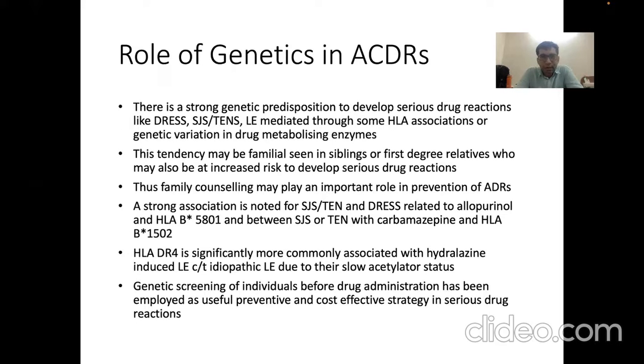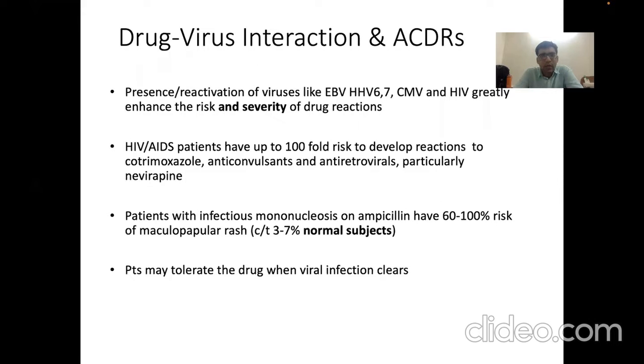There is strong genetic predisposition to develop serious drug reaction in cases of DRESS and SJS-TEN in certain patients. So, presence of viruses like HIV, CMV, they have a 100-fold risk to develop drug reactions.